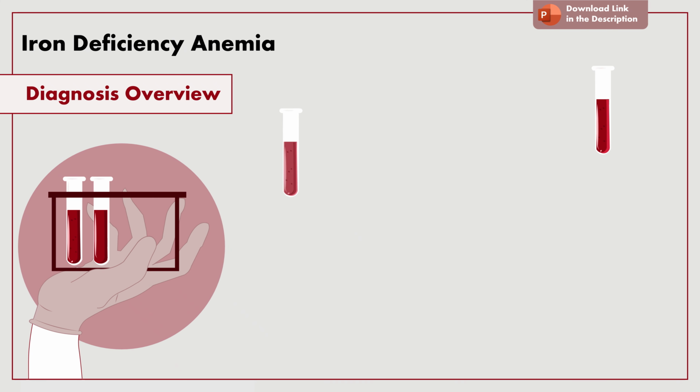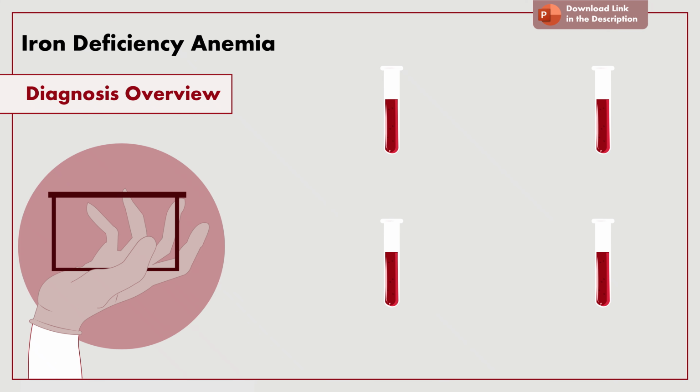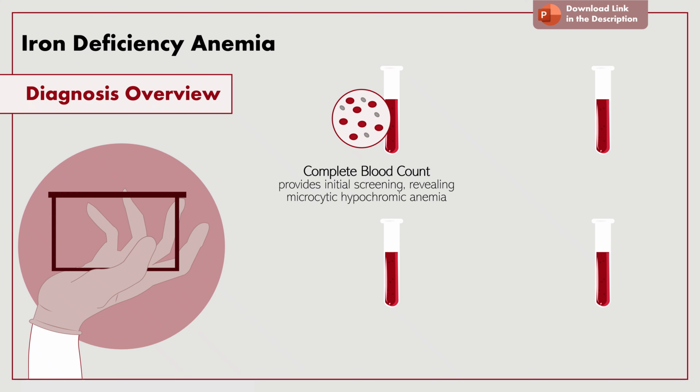Diagnosing iron deficiency anemia requires a systematic laboratory approach combining multiple tests. The Complete Blood Count, CBC, provides initial screening revealing microcytic hypochromic anemia through low hemoglobin and hematocrit values with reduced MCV and MCH.